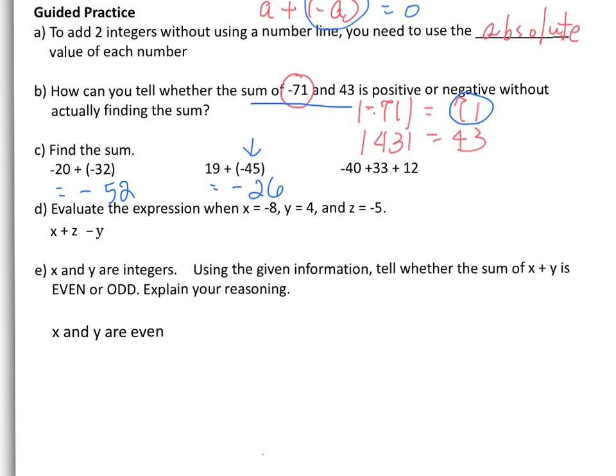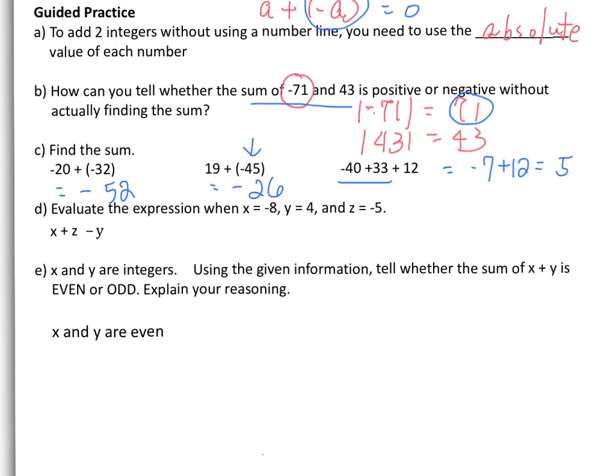And this one, negative 40 plus 33 plus 12. I can first take the sum of negative 40 and 33, and that would be negative 7. And I can add that to 12. And negative 7 and 12 will give me 5.